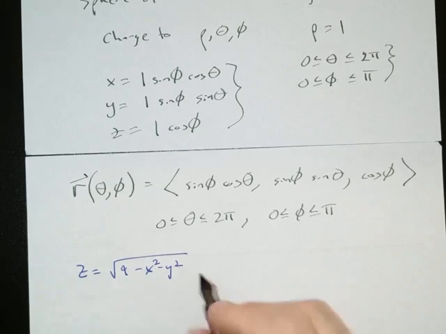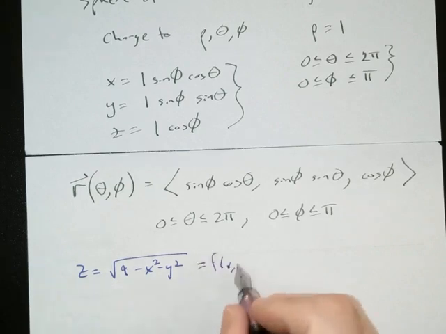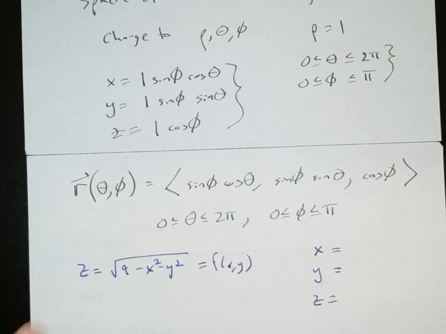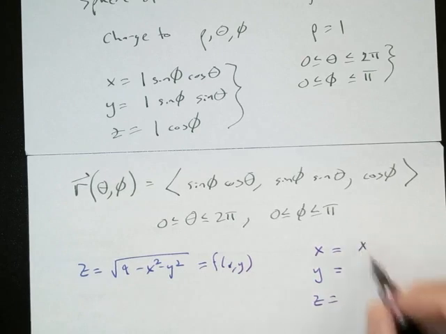This is already f of x and y. So if I wanted to write a parametric description, I don't have to switch letters. I can keep using x and y.